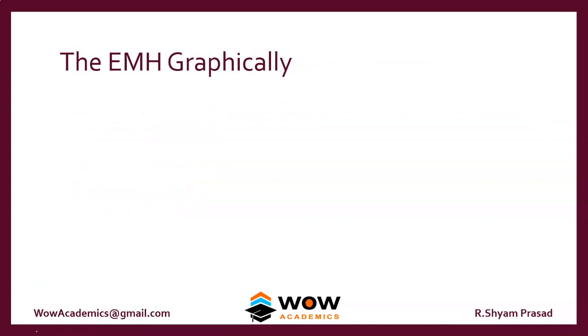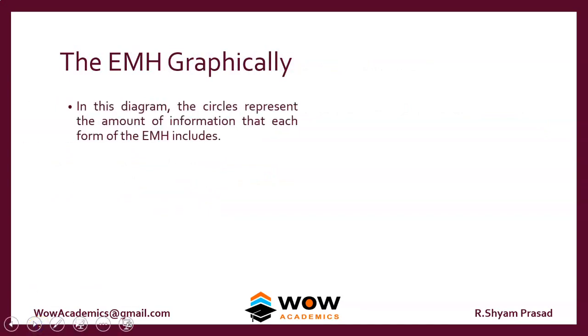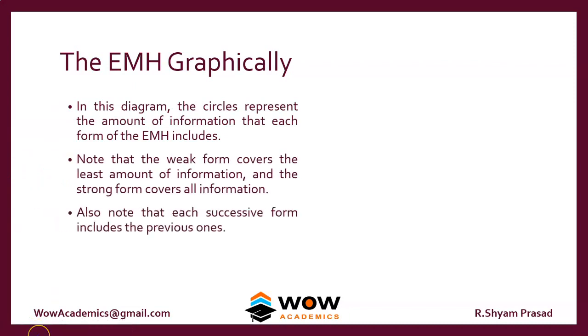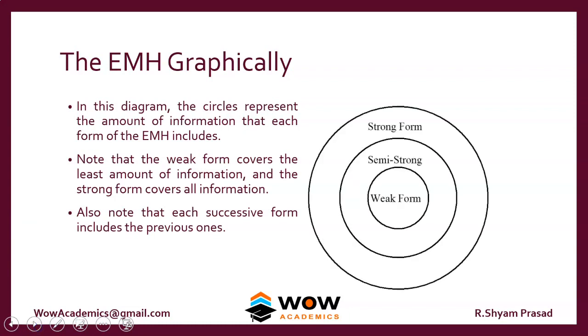So we look at the EMH graphically. We'll start from the theory here. In this diagram, the circles represent the amount of information included in each form of EMH. The weak form contains a small amount of information. Semi-strong contains more, that is, it includes the weak form information also.